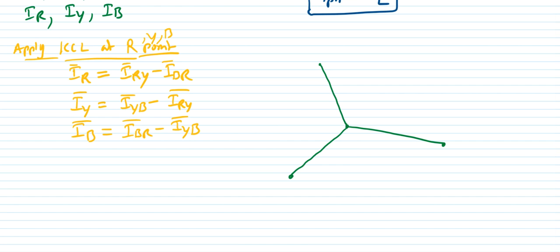This is IRY, this is IBR, and this is IYB. Here to here it is 120 degrees, here to here it is 120 degrees, and here to here it is 120 degrees displacement.